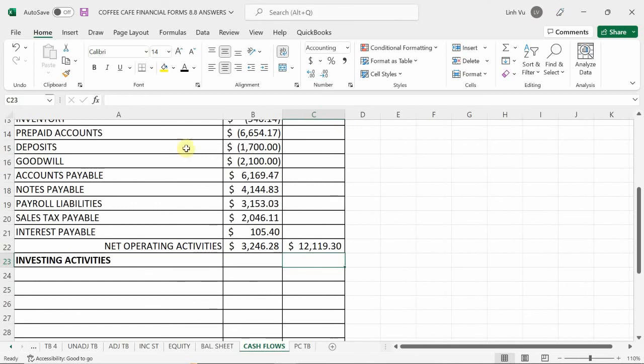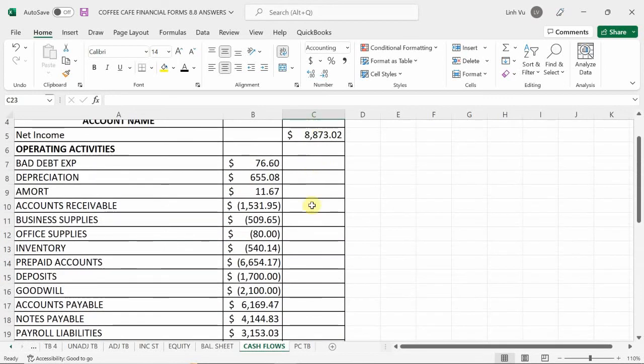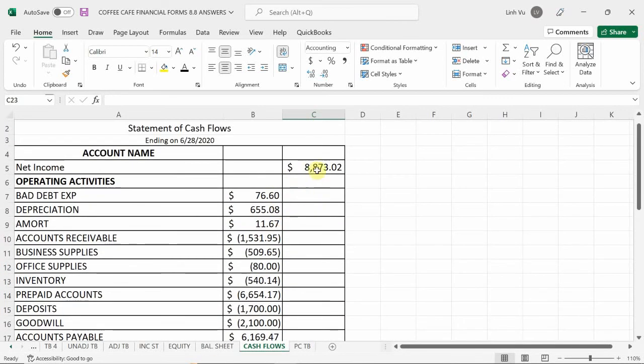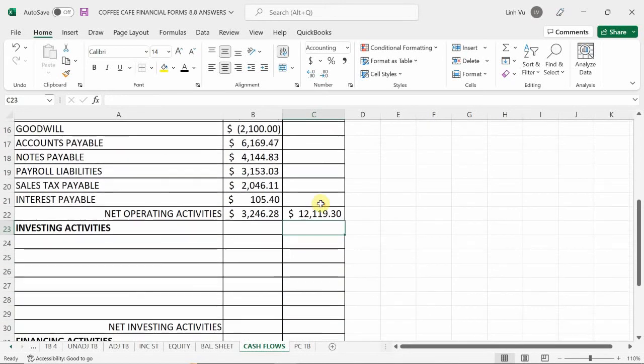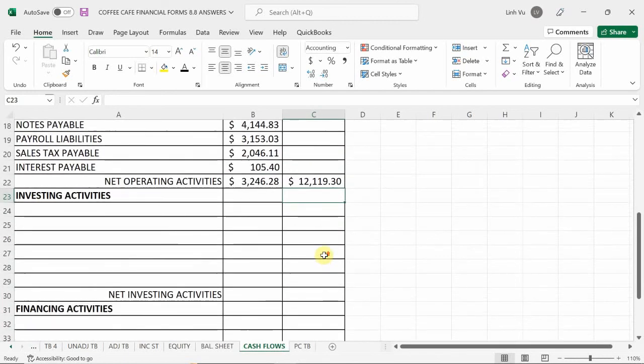So you did it correctly. It is the 12,000 because you subtracted it back out. In the first one you calculated, you're at 12,119.30. Yeah, that's what it was. Okay, all right. So this is my net after my operating activities.